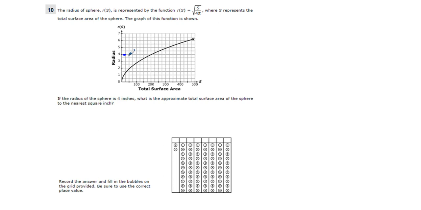Well, if we go to 4 here, and we go to our graph, we come right here. We come down, and so it looks like we're going to have 200 square inches. That's the best reading of the graph we can have.